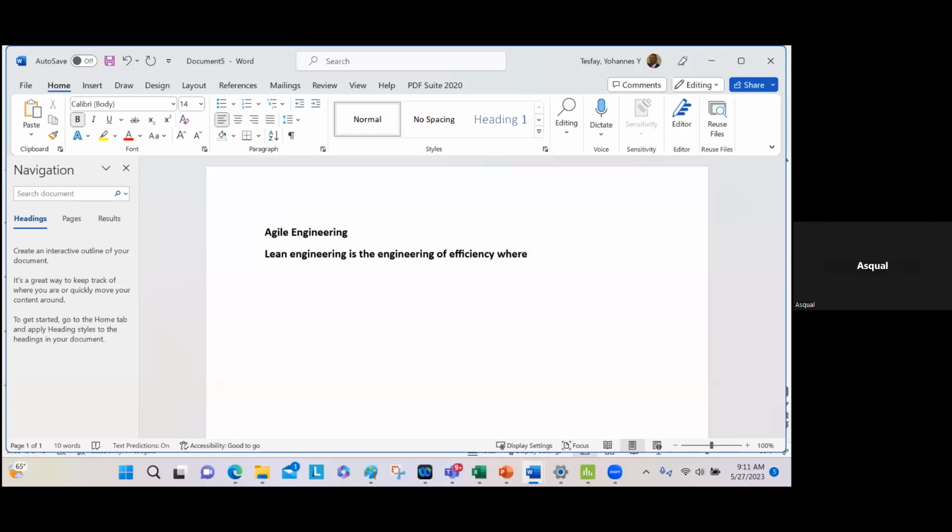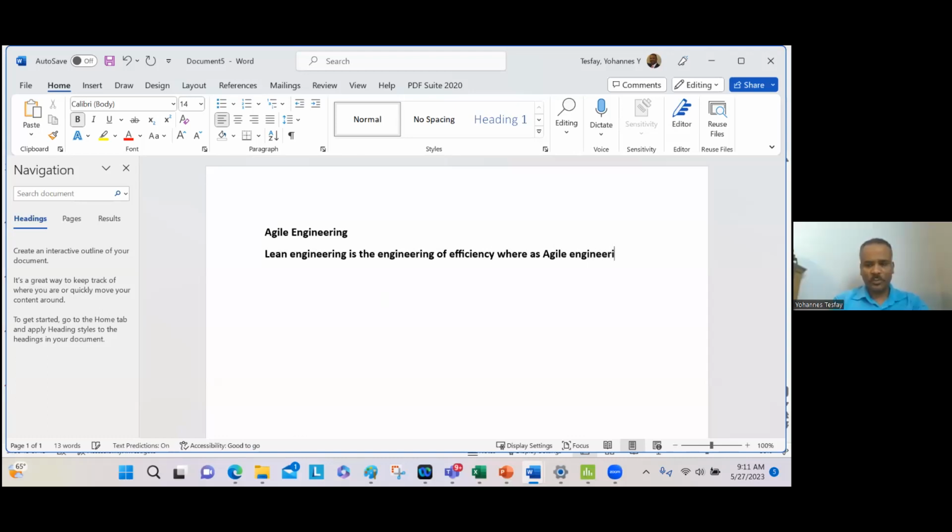Whereas agile engineering means the engineering of effectiveness.